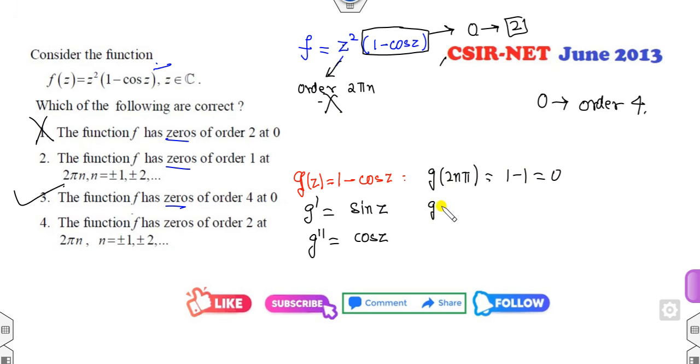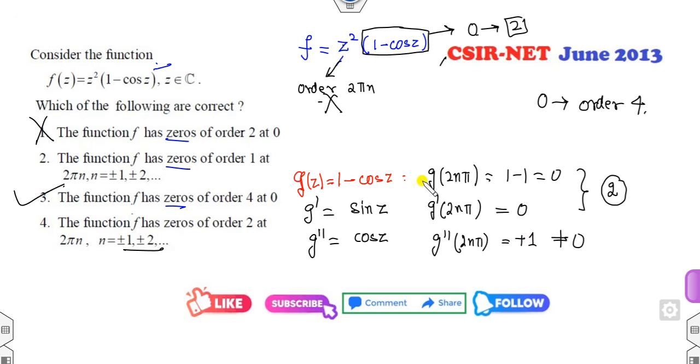What is g dash of 2n pi? Because n is an integer, sine of 2n pi is 0. What is g double dash of 2n pi? It is plus 1, which is non-zero. That means g has order 2 there, so this is the wrong option. C and D are the correct answers of this problem.